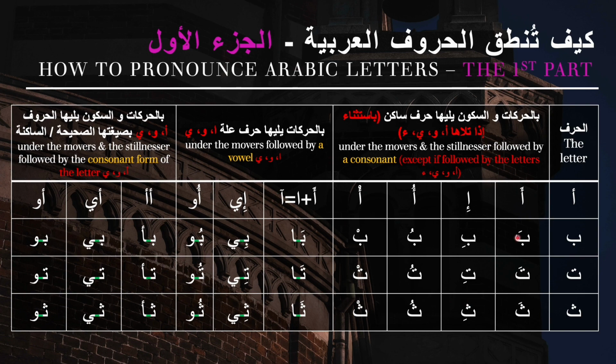In the first group, when the letter is followed by a consonant. Then, when it is followed by a vowel of the letters a, u, e, or as we say them in Arabic, alif, waw, ya. Then when they are followed by the consonant form of the letters alif, waw, ya.